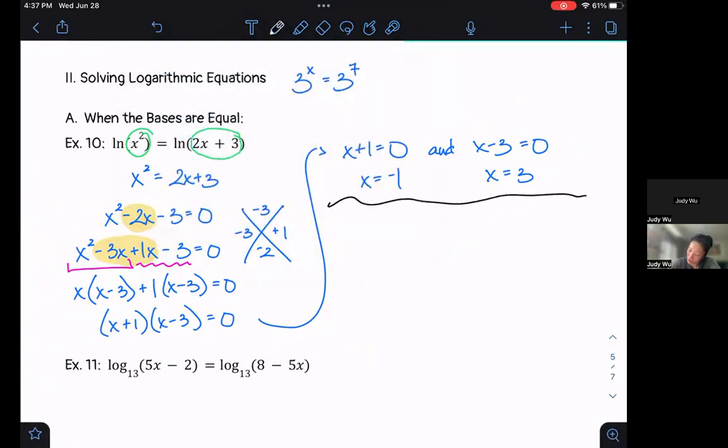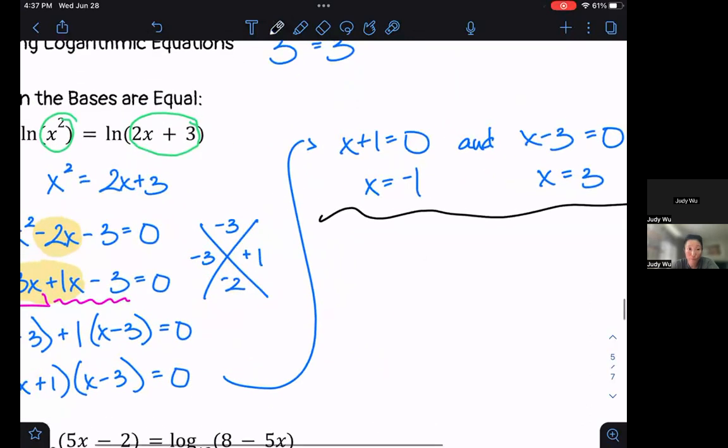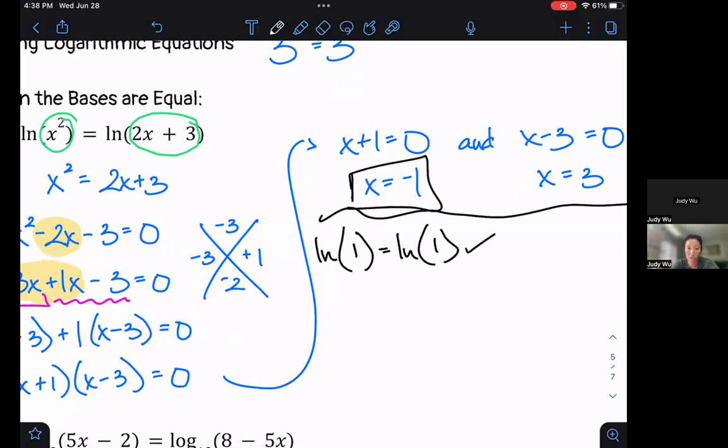So let's check our answer. We're going to try first with the -1. Natural log of -1 squared is 1 equals natural log of 2 times -1 plus 3 is 1. So that one works out. This I can box off and say is an answer. Let's try with the 3.